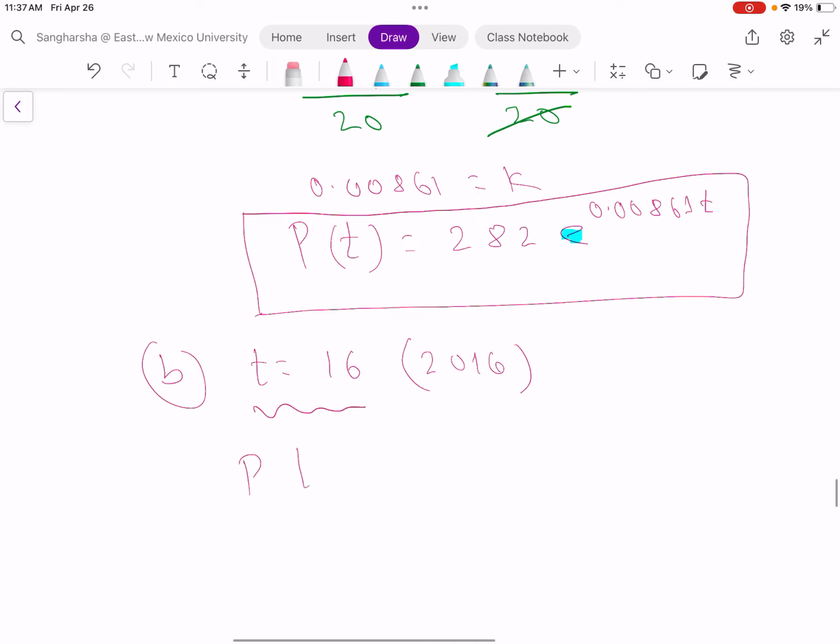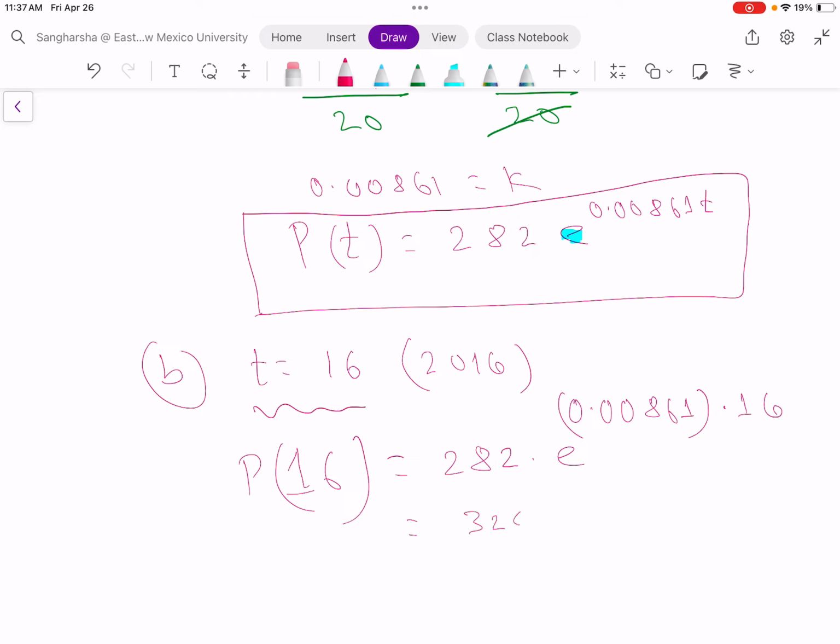So P(16) equals 282 times e to the power 0.00861 times 16. Now use your calculator and it's going to be very close to 324 million. So this will be the population in 2016, 324 million.